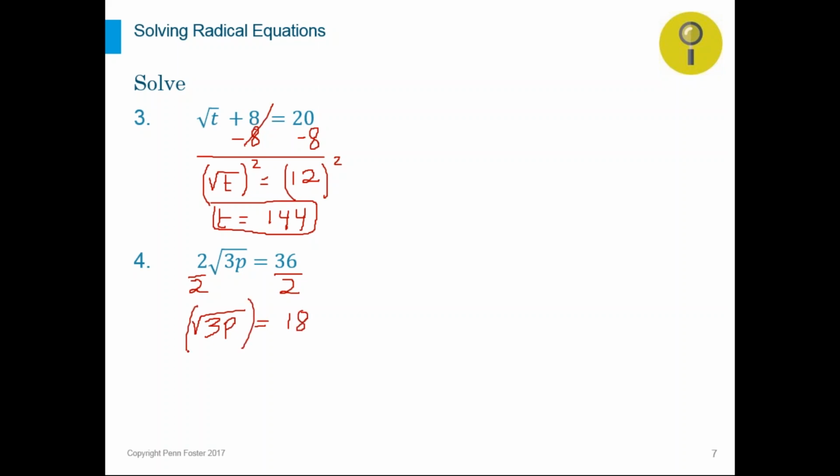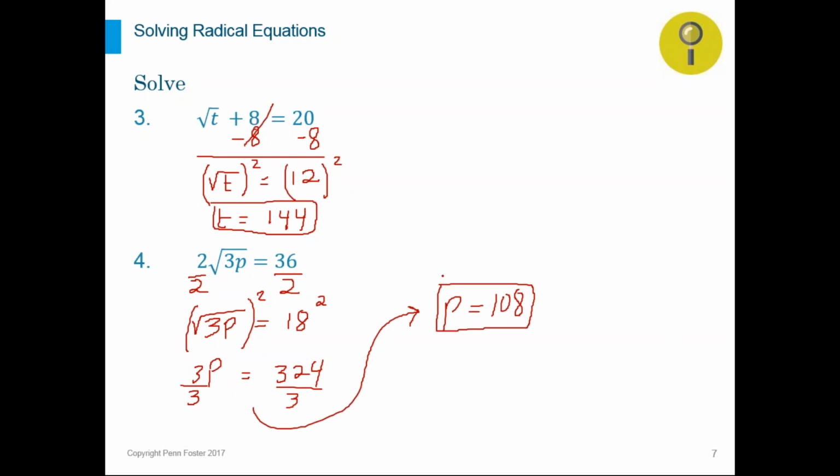Now I'm ready to square both sides and square the 18 as well. So 3p equals 18 squared, which gives you 324. I'm looking for the value of p, but I have the value of 3p. Then divide by 3 on both sides. Then p equals 324 divided by 3, and that will give you the value of p, 108, and that would be the value of your variable.